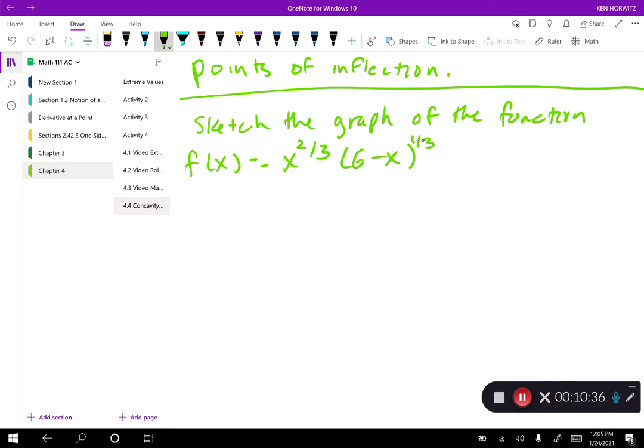All right. So the first thing we need to do is find f prime of x and find f double prime of x. So I'm going to have you do this, and I'll give you the answers on the other side.